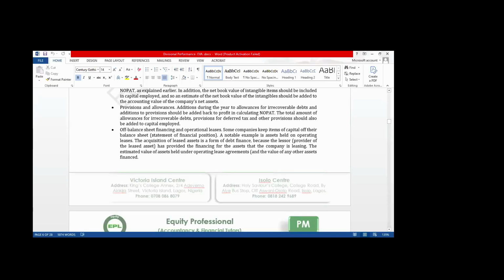To evaluate performance, you can look at financial performance measures, such as return on capital employed. That is one. Number two, residual income. And you can evaluate performance using economic value added.